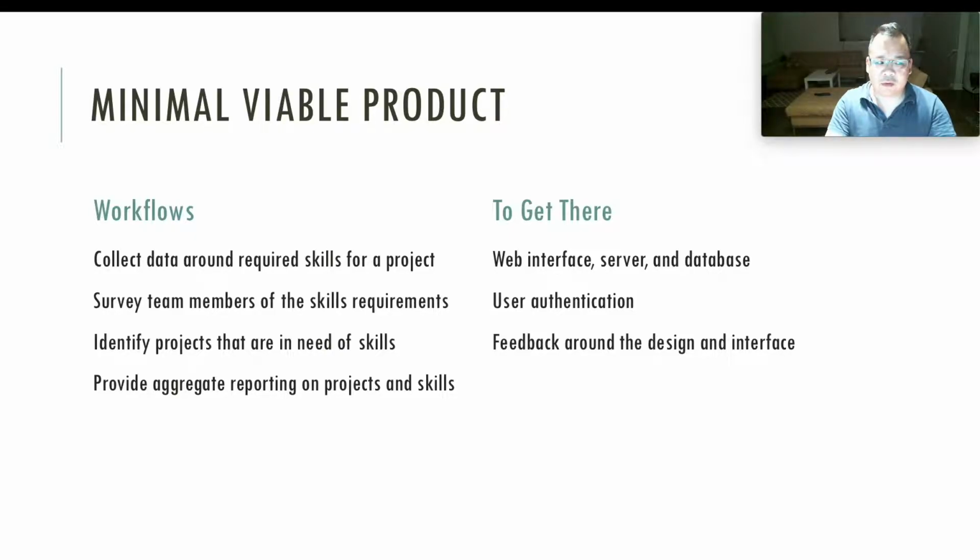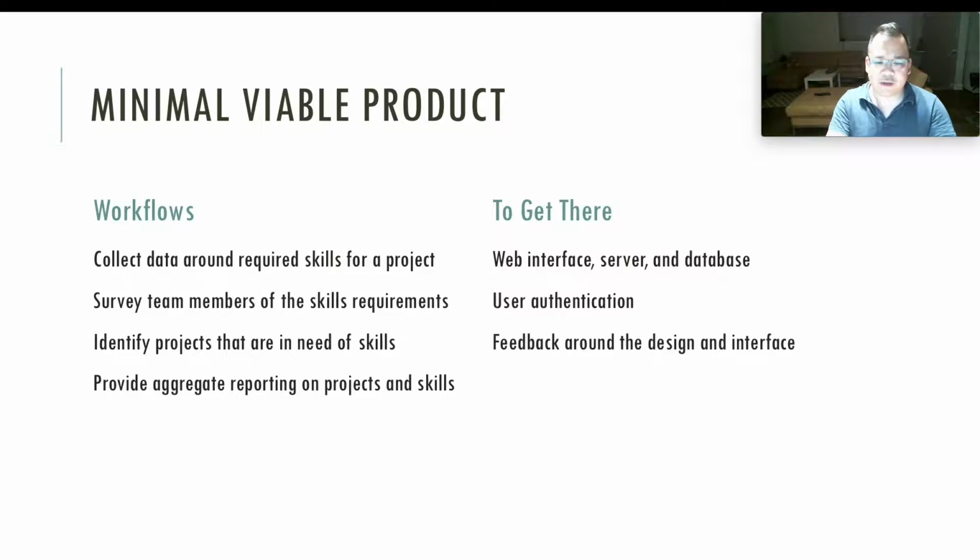So for the minimal viable product, if you can see on the left-hand side, those workflows are the same workflows that are being practiced today. However, I want to address them in a manner that does not rely on manual tasks. In order to achieve these workflows in the manner that I want, I need a few things. I need to reach out to our users via web browser, so I need to create a web interface.